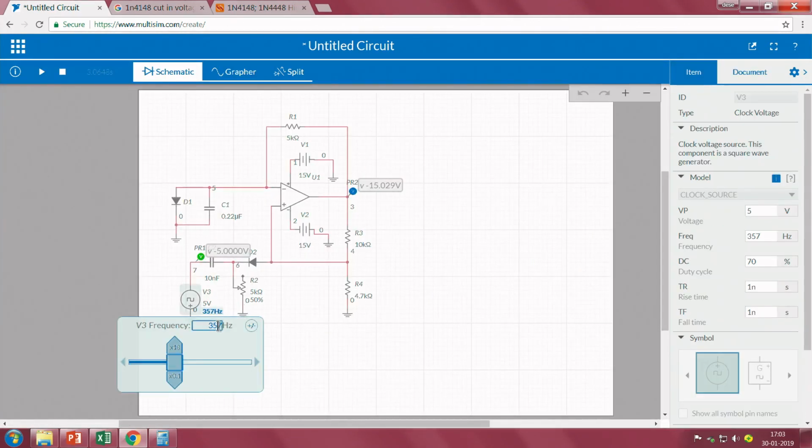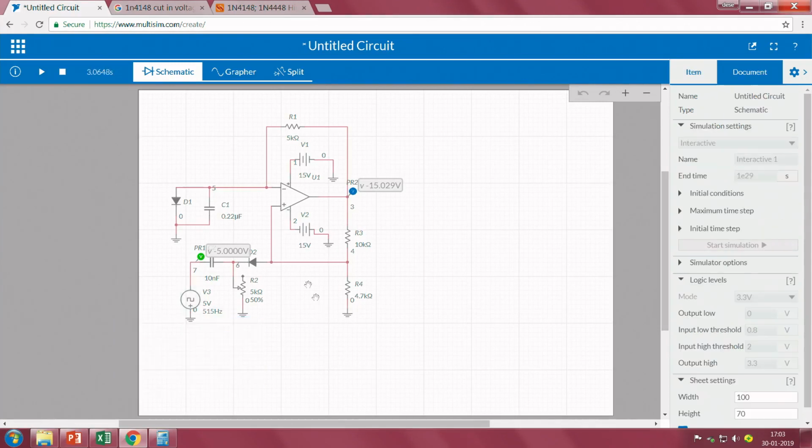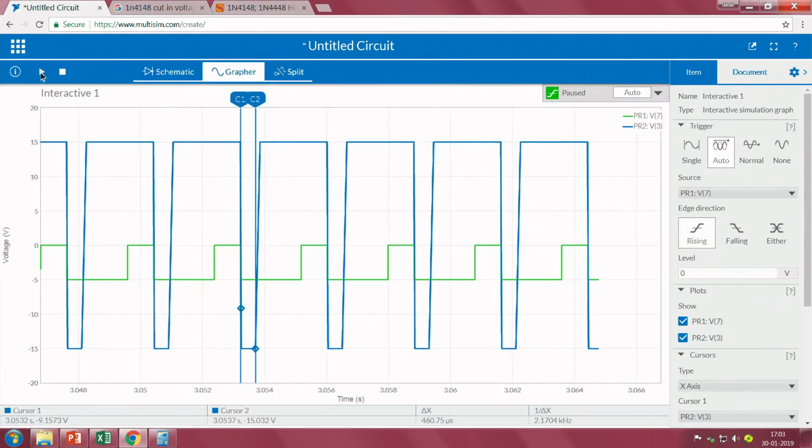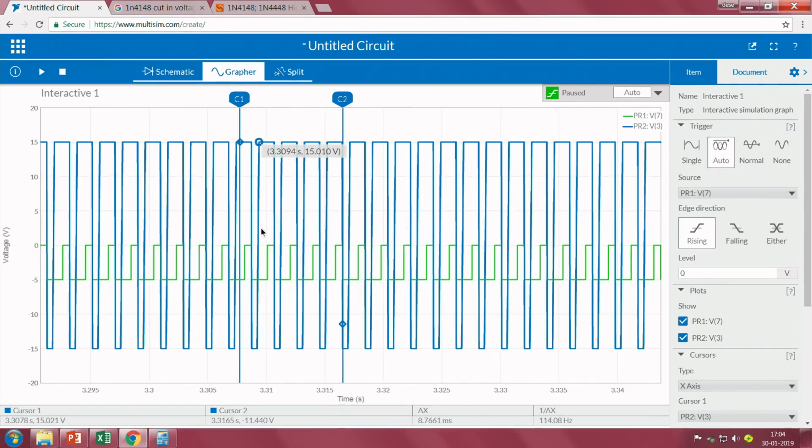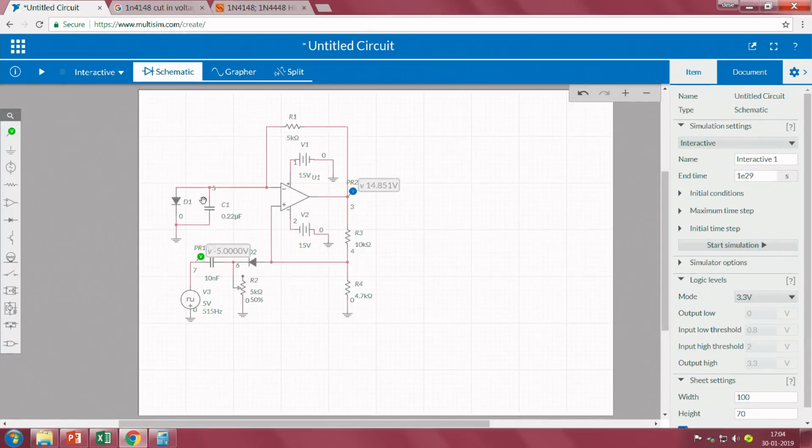I will change the frequency to 515; the voltage is fixed, so I am not changing the voltage. One thing is clear: since it is a monostable multivibrator, it will always have a fixed on time and fixed off time, and the on time entirely depends upon the next triggering pulse that we require. Because of that reason, we have chosen this particular resistance and capacitance value.